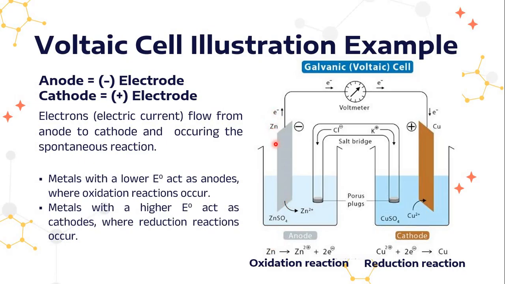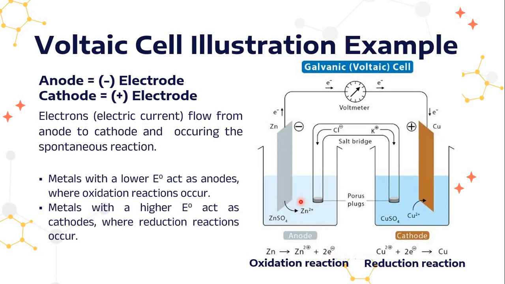Zn is coming from the anode, and when the anode is put in the electrolyte solution, it will be ionized into Zn2+ and also produce 2 electrons. The electrons act as electric current, which flows because it is releasing electrons.